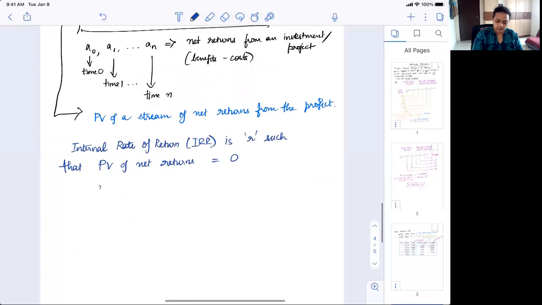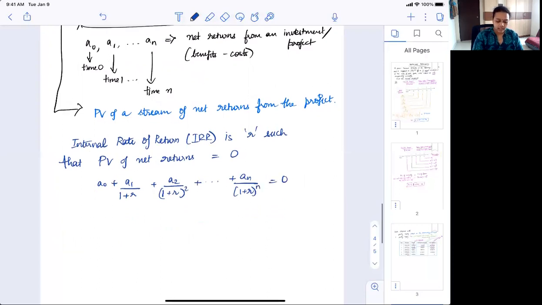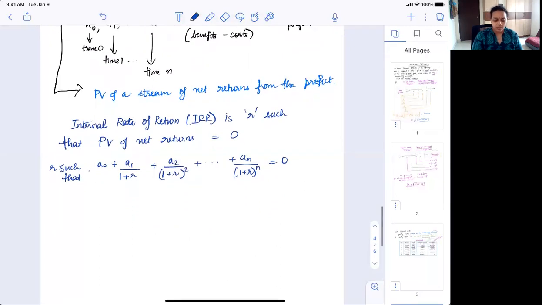That is, you find R by equating this expression to 0 and solving for R. It is just R such that this expression becomes 0. So generally the choice would be to pick the project with the highest internal rate of return.